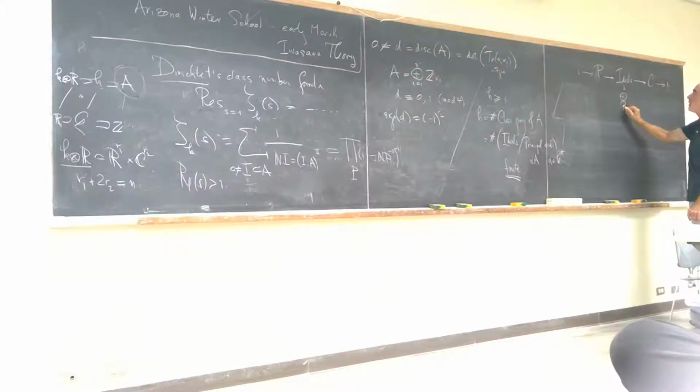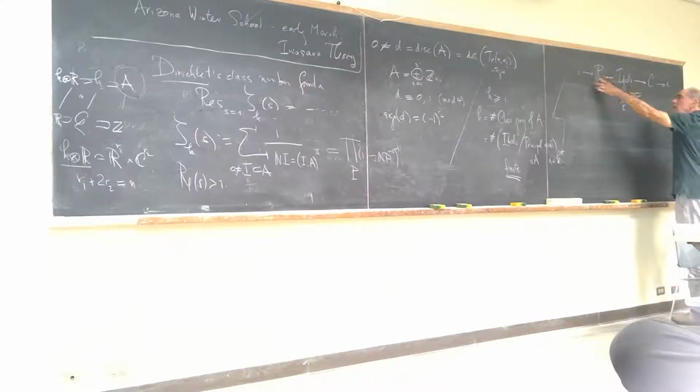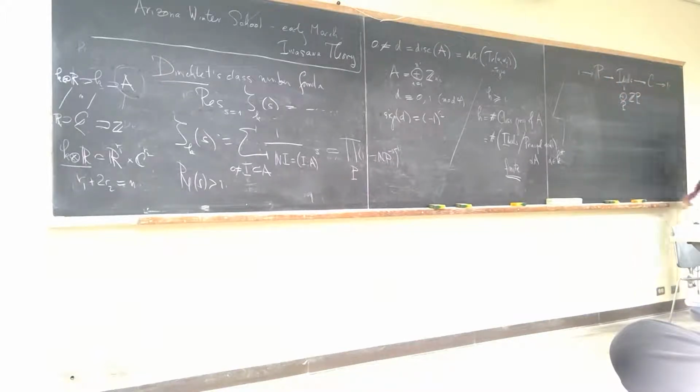It's just the direct sum over all primes of Z times p, because every ideal is uniquely the product of prime ideals, and only finitely many primes appear in each ideal. So this is just a free abelian group on infinitely many generators, and the complication is that this is a complicated subgroup of it. But P also fits in an exact sequence.